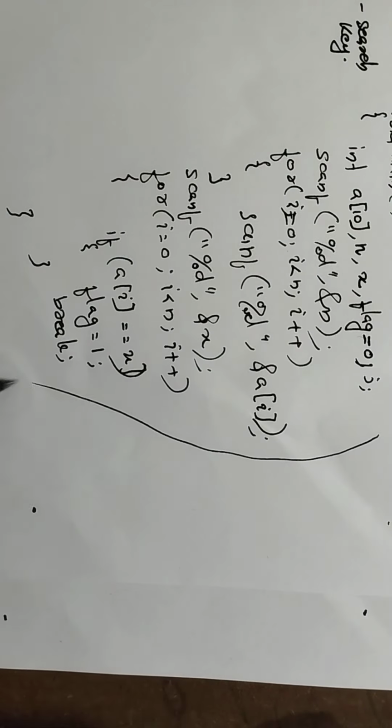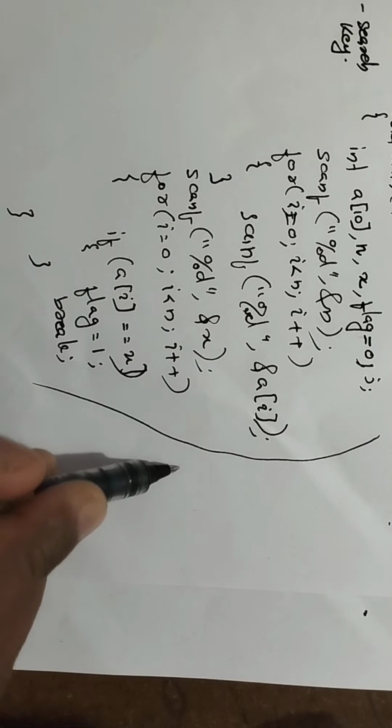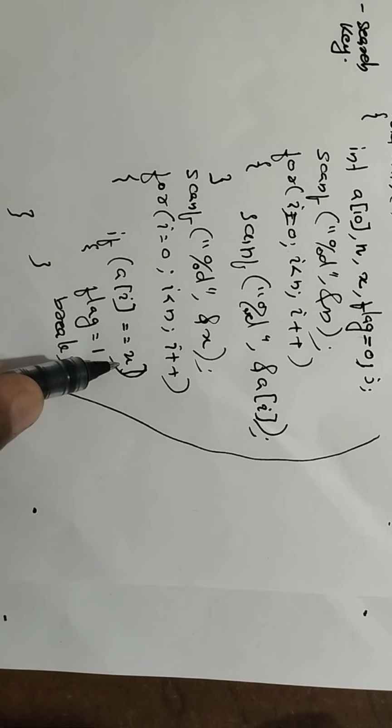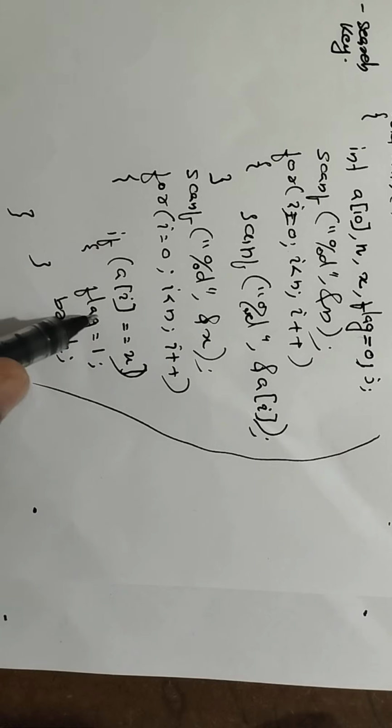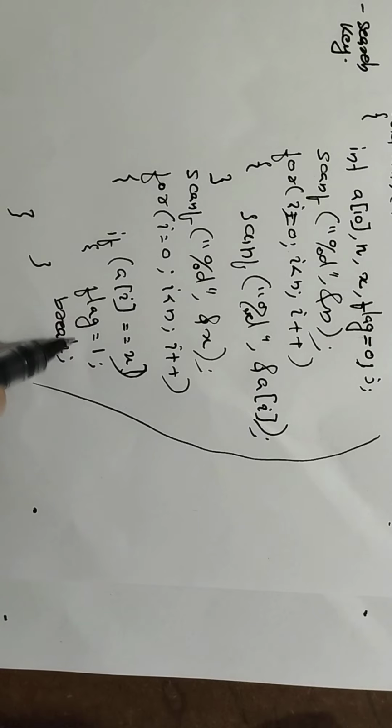If we are unable to find the value in the array, we will continue the searching, and till the end we will check whether this condition is satisfied. If it is not at all satisfied, it will come out of the loop, the i value will be equal to n, and the flag value will be 0. Only if this condition is satisfied will the flag value become 1.